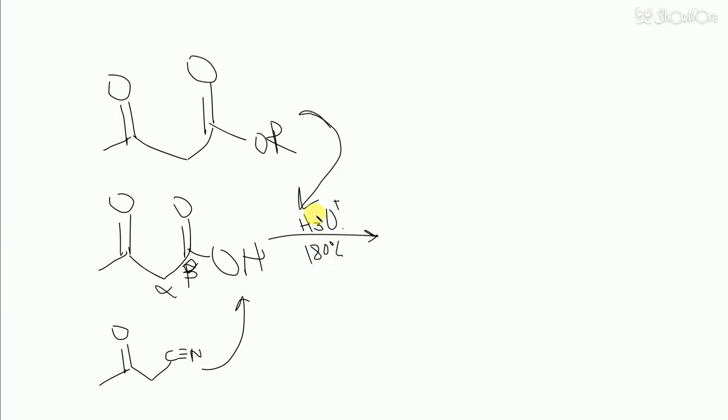So under H3O plus and heat, essentially this group will be turned into a carboxylic acid. This group, we learned the hydrolysis of nitrile groups, right? You learned that with H3O plus and heat, we can turn a nitrile into a carboxylic acid. We learned that with H3O plus and heat, we can turn an ester into a carboxylic acid.